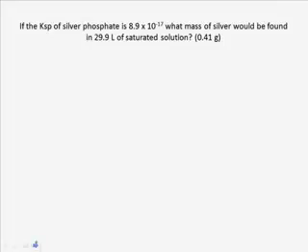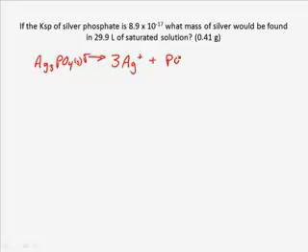Okay, let's look at a couple more problems. The ones we've had so far, the ratios of ions to the whole thing have been 1-to-1. But let's look at what happens if that's not the case. So here I have silver phosphate, and we're dissolving it. You're going to get 3 silver ions and 1 phosphate for every formula unit here.